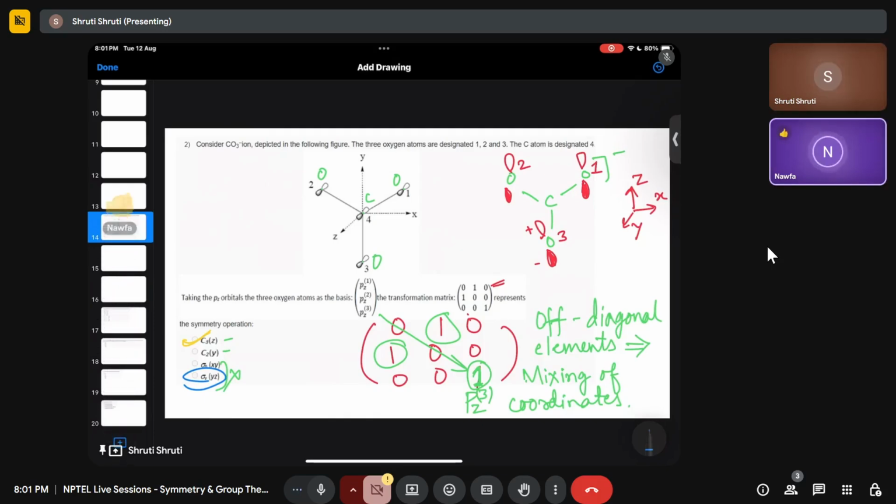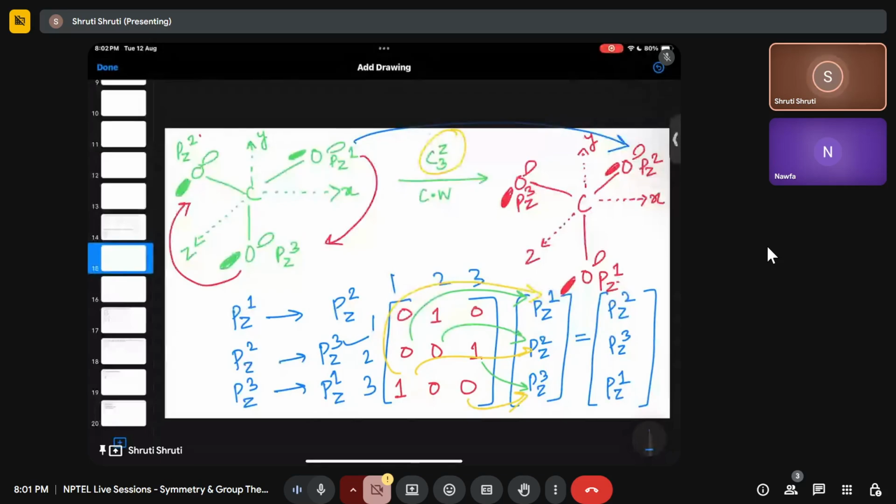Ma'am, actually, for the first option, it's not the same matrix, ma'am. It's different. Which one? C3? Yeah, ma'am. It's not the same, right? Oh, okay. I wrote a different matrix, but okay. Yes, it's a different matrix.